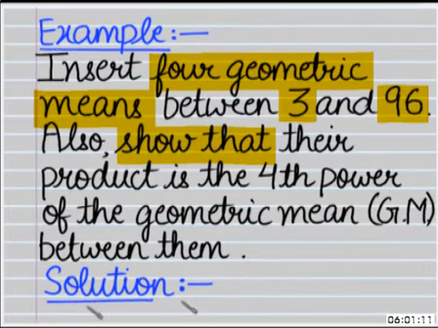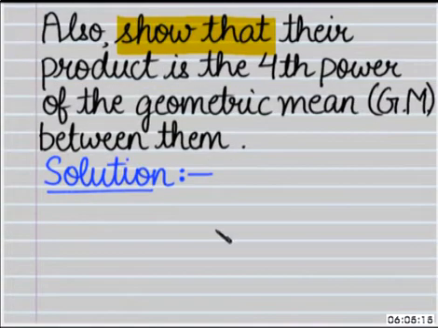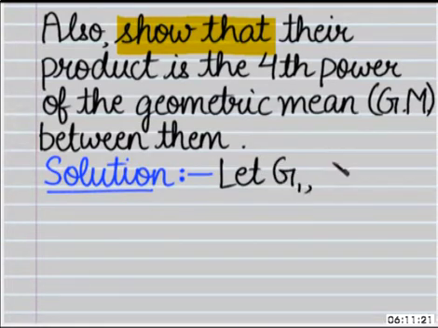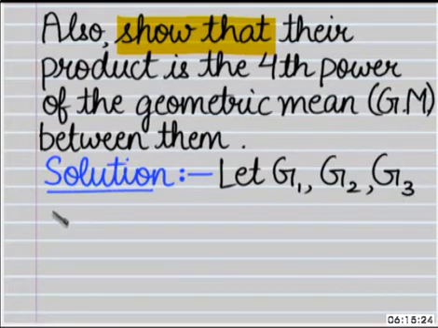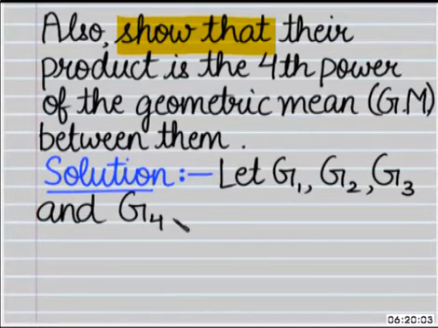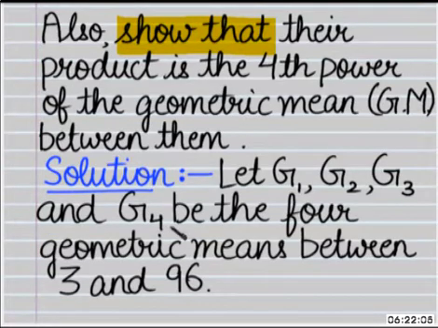Now let us see its solution. First of all, let G1, G2, G3 and G4 be the 4 geometric means between 3 and 96.